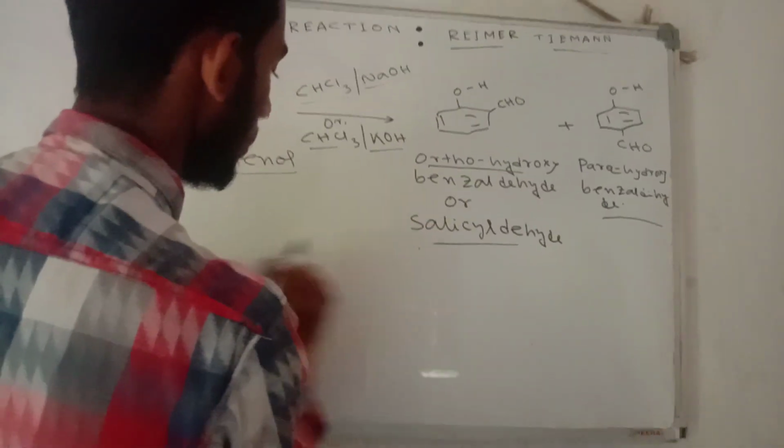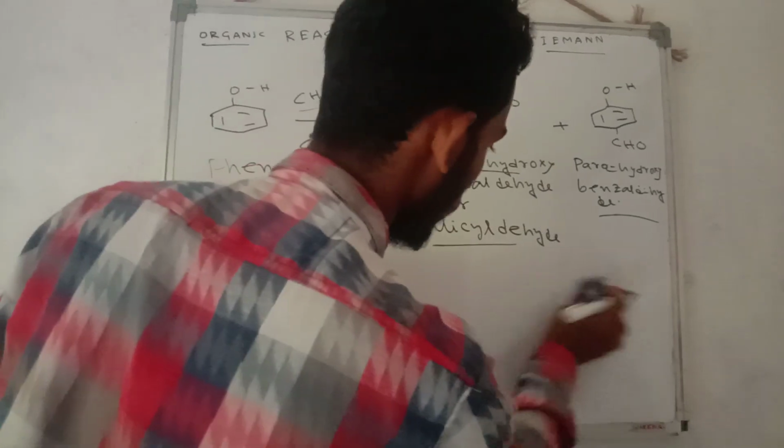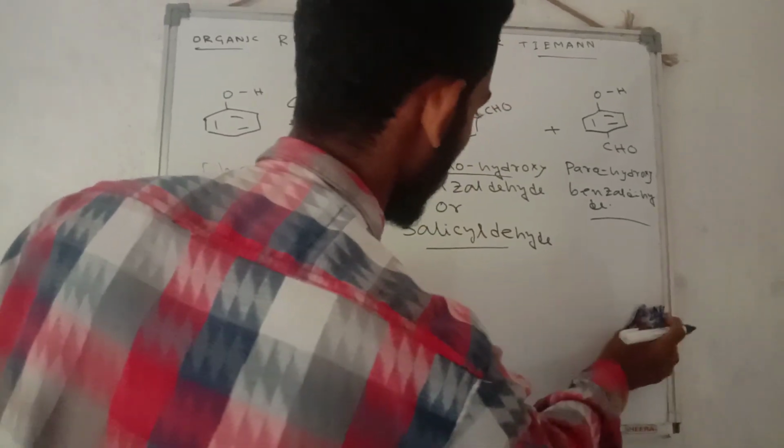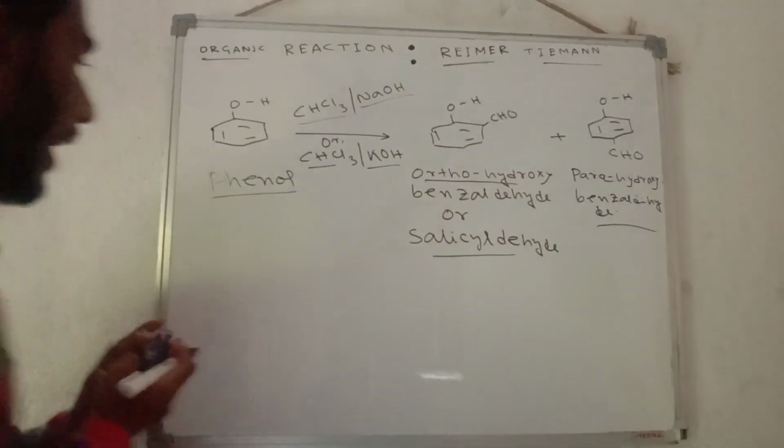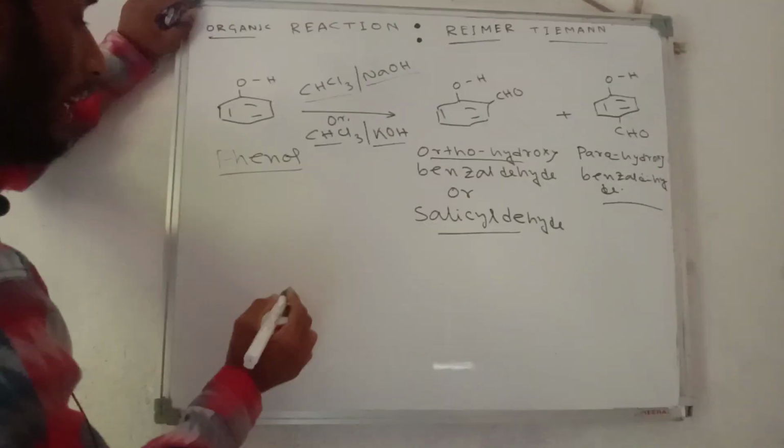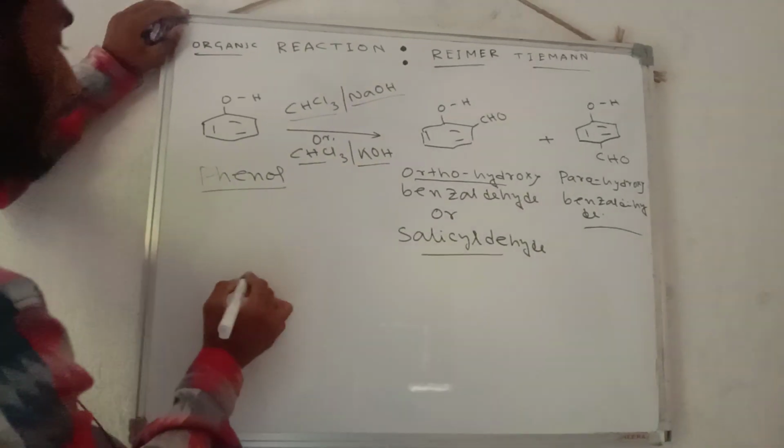In this reaction, the electrophile is dichlorocarbene and the nucleophile is the phenoxide ion. Now, how will the dichlorocarbene be generated and how will the phenoxide ion be generated?